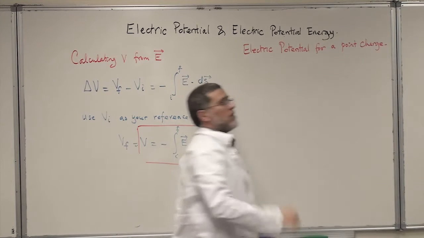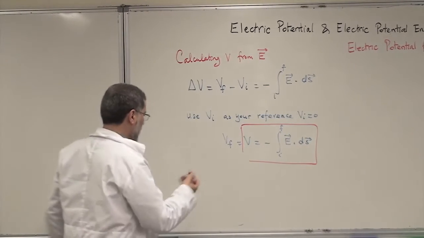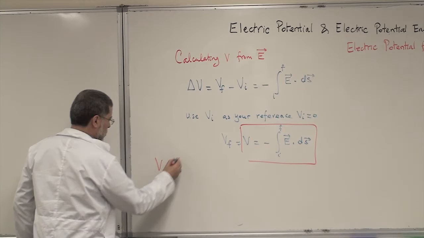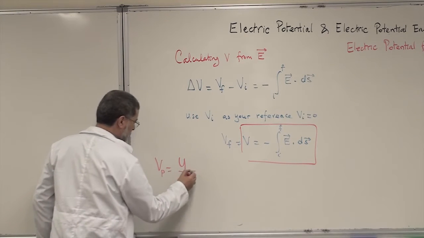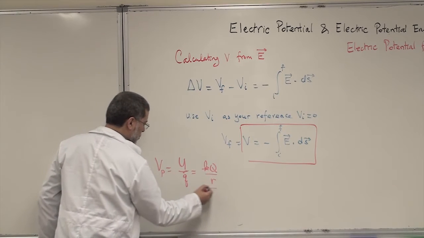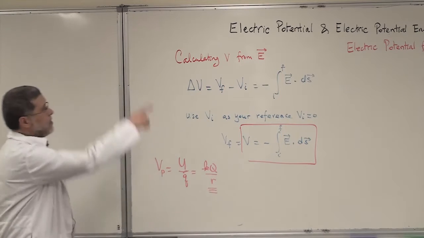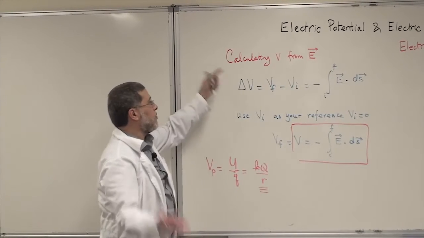Remember the way we defined V, it was U over Q. V at point P, if you remember, was K Q over R. I'm going to show you again how to find this by using this concept, calculating V from E.